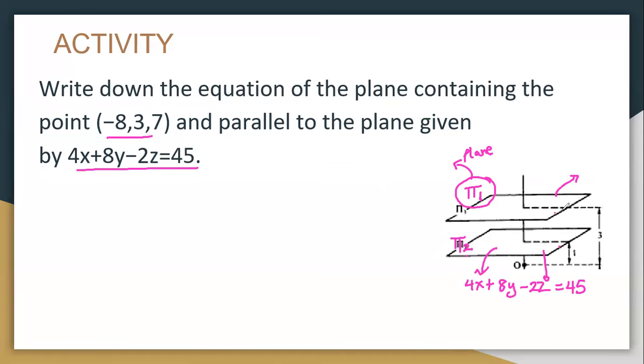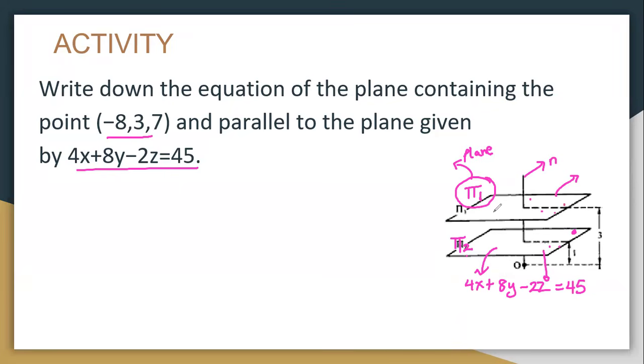Now, if these two planes are parallel, what do you need to know? That one is that the normal vector that goes through the first plane is the same normal vector that goes through the second plane. So that means that the normal vector, the norm, is the same for both planes. That means that if you know the normal for this plane, you'll also be able to know the normal for this plane.